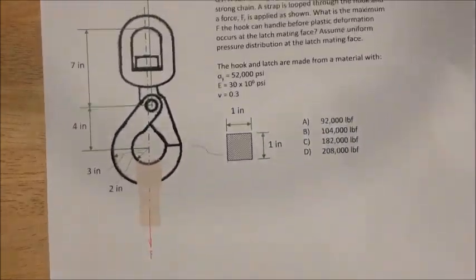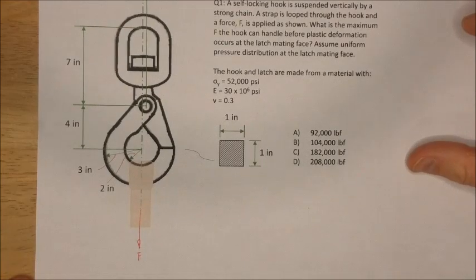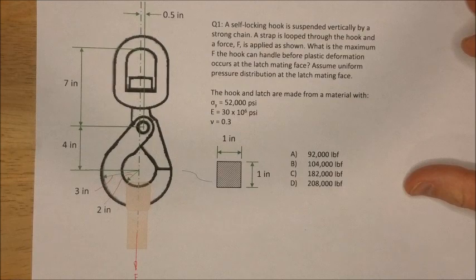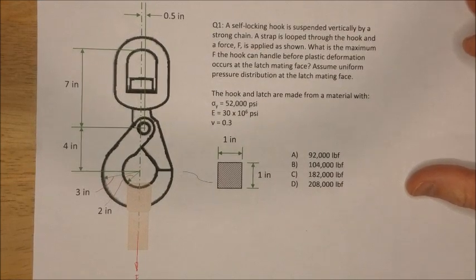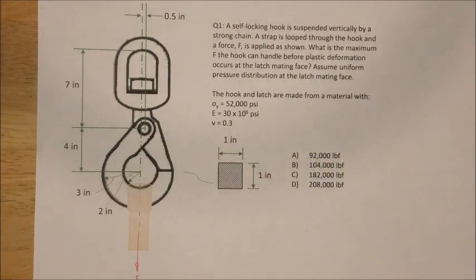So let's take a look at a typical problem that we might see. Okay, so before we read it, let's just assess what on earth we have here. We've got a diagram, so that's a giveaway. We're probably doing something with statics.